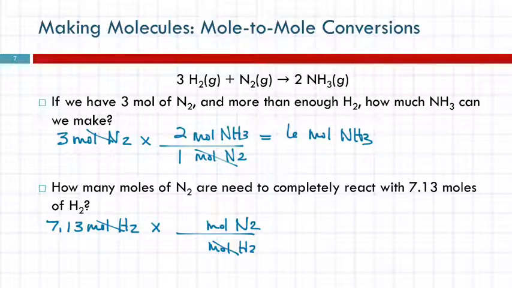Put the units in place. Get them to work out, then look at the equation. So I've got moles of nitrogen. It's 1 mole of nitrogen that reacts with 3 moles of hydrogen. This time I have to use a calculator. 7.13 times 1 divided by 3.